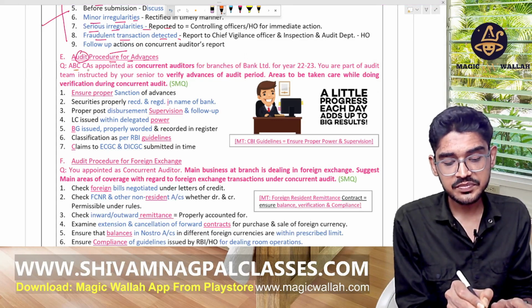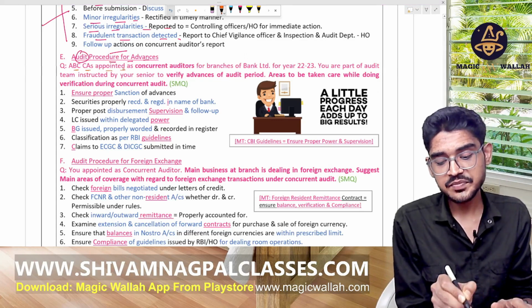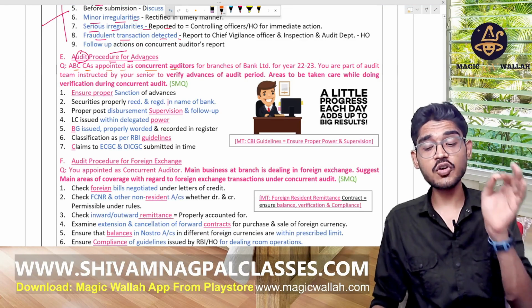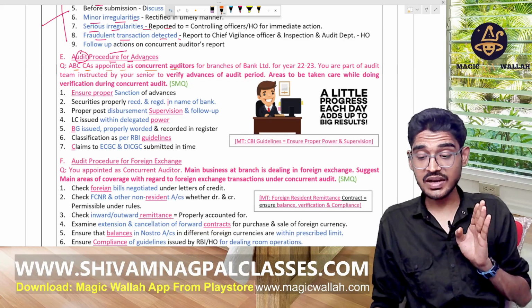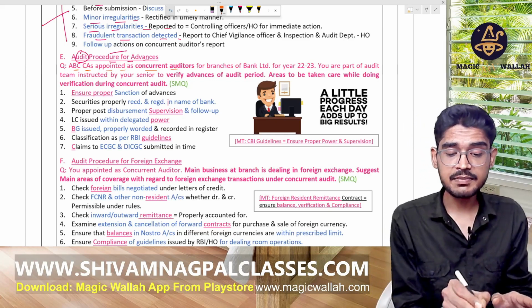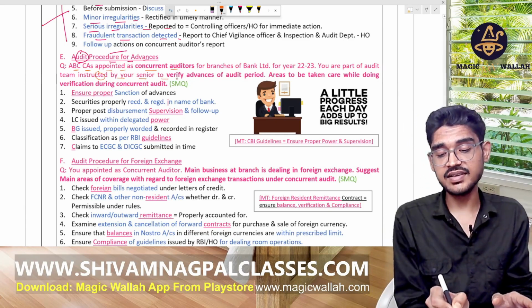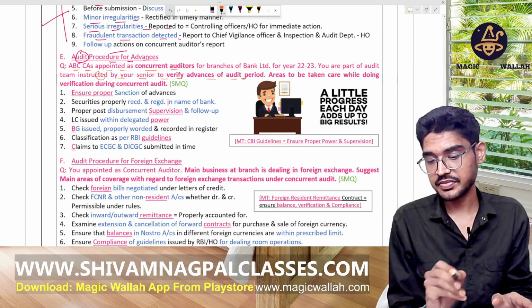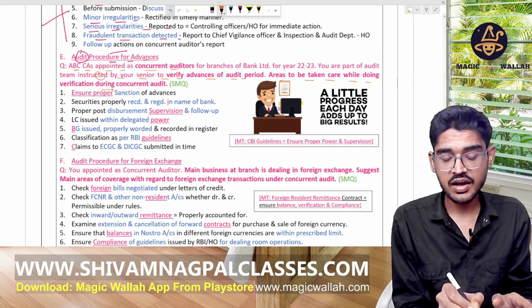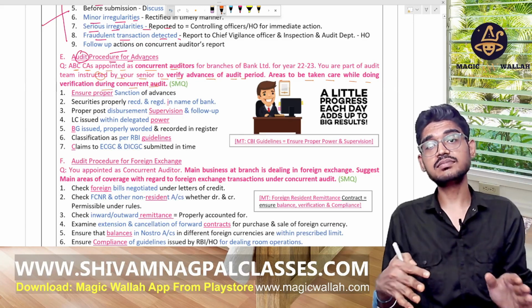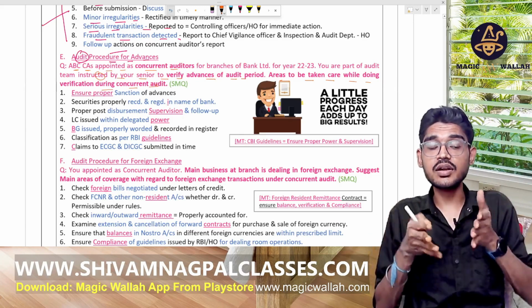ABC CA is appointed as a statutory auditor for the branch of the bank limited for this year. You are part of the audit team instructed by your senior to verify the advances of the audit period. What areas are to be taken care of while doing the verification during the concurrent audit? So how to check the advances in case of concurrent audit?